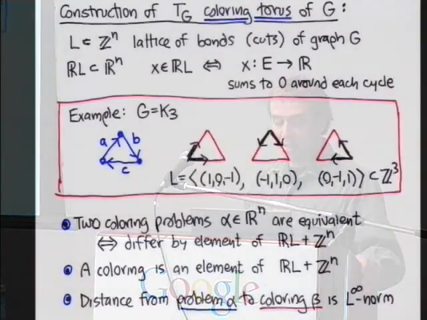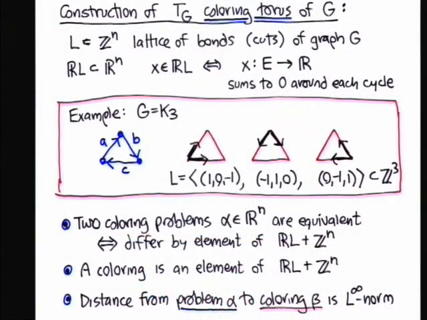So if you add those 2 statements together, you get the full equivalence group for this setting, which is RL plus Z to the n acting on R to the E, R to the Rn, and 2 coloring problems are equivalent if they differ by an element of that group. So a coloring happens to actually be an element of that group. And then we're basically comparing that subgroup to various cosets of that subgroup.